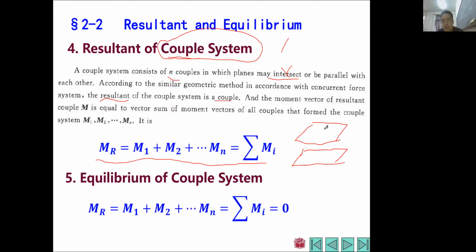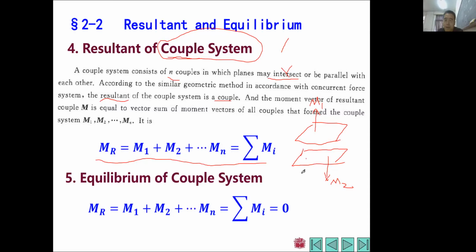So that means all the couples' directions will be parallel to each other. Can you understand that? So maybe this direction of M2, maybe this direction of M1, because it may be positive or it may be negative.